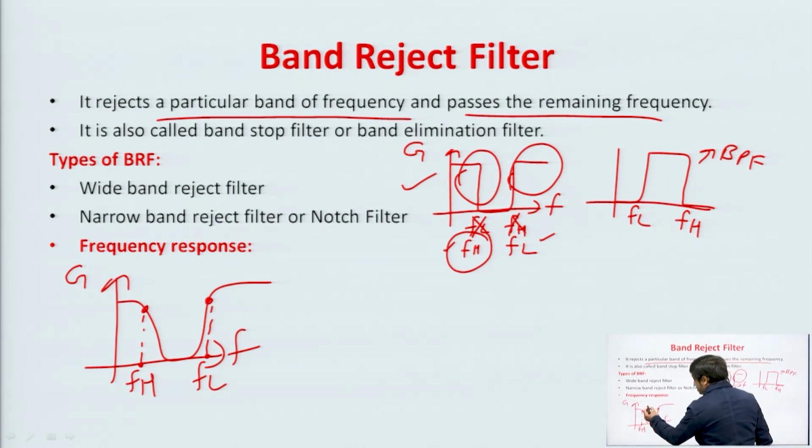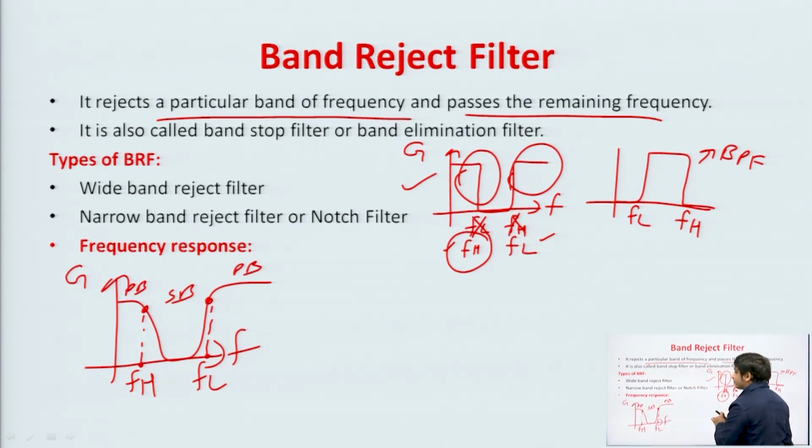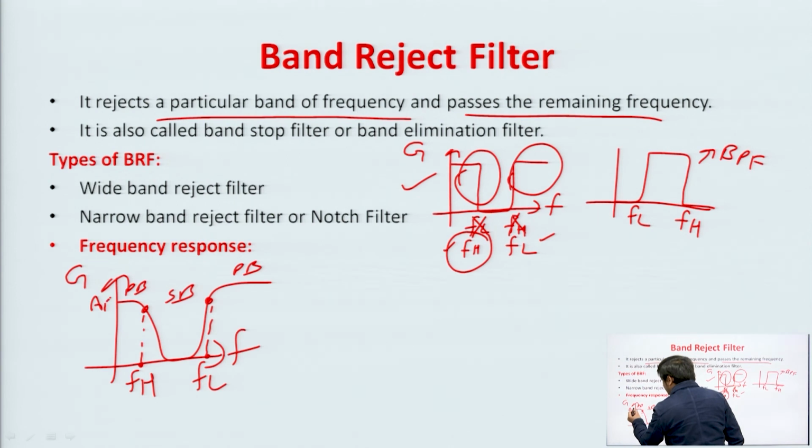This is the stop band, this one is pass band, this one is pass band. So, in band reject filter a particular band of frequency is getting rejected and the remaining frequencies are passed, that is why it is called band reject filter, and this is the maximum gain, let us say this maximum gain is AF.